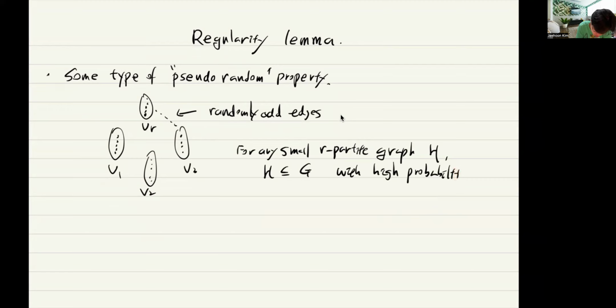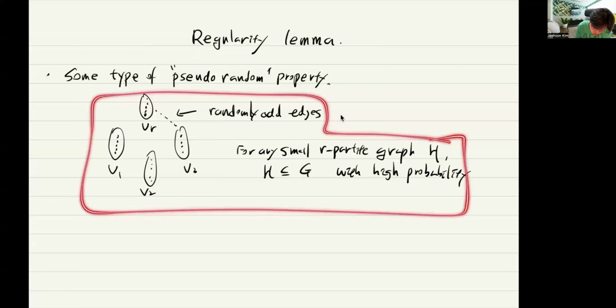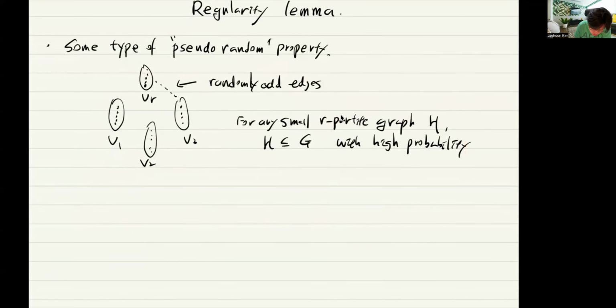Here, high probability means that the probability that G contains H converges to 1 as n goes to infinity. Okay, so in this way, a random graph is a good graph for us.